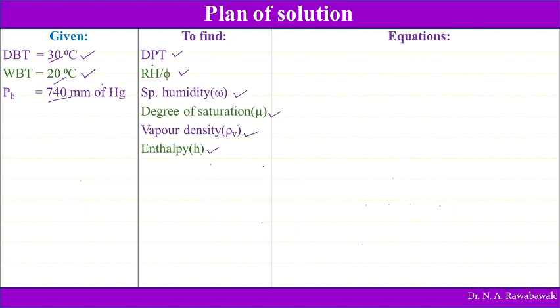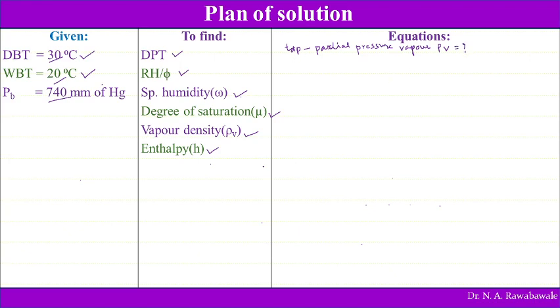So our first aim is to find the dew point temperature, DPT. To find it, we must know the partial pressure of vapor, that is PV is required. If we know PV, then we can find the dew point temperature.